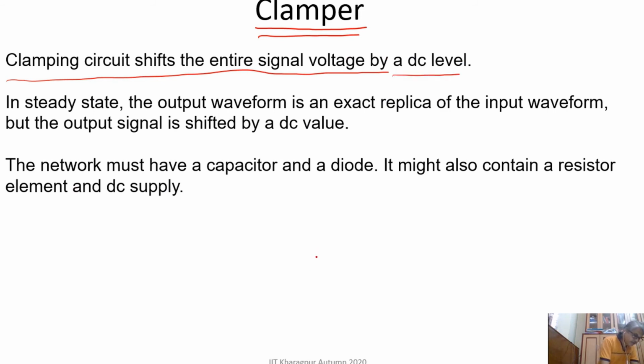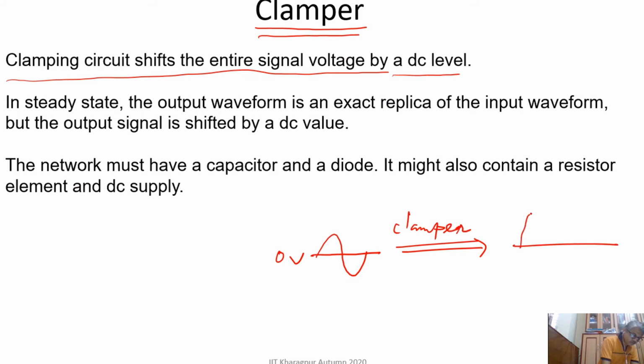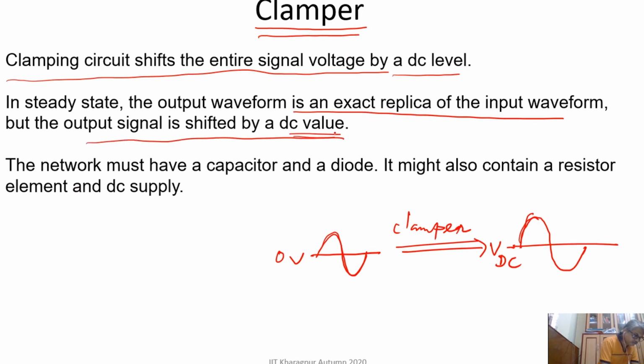Say I have an input signal like this, varying across 0 volt, but if I use a clamper, we can move this input signal to a different voltage, say this is VDC, depending on my requirement. But the entire input signal will remain the same, the exact replica of the input waveform. The output will be shifted by a DC value, right?